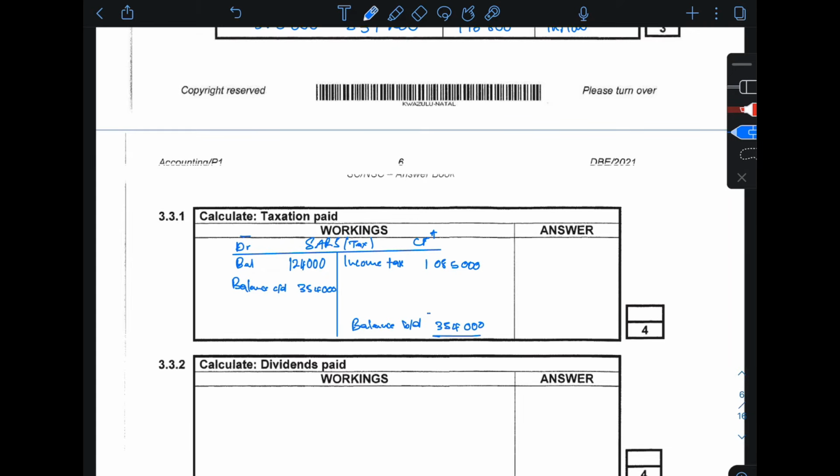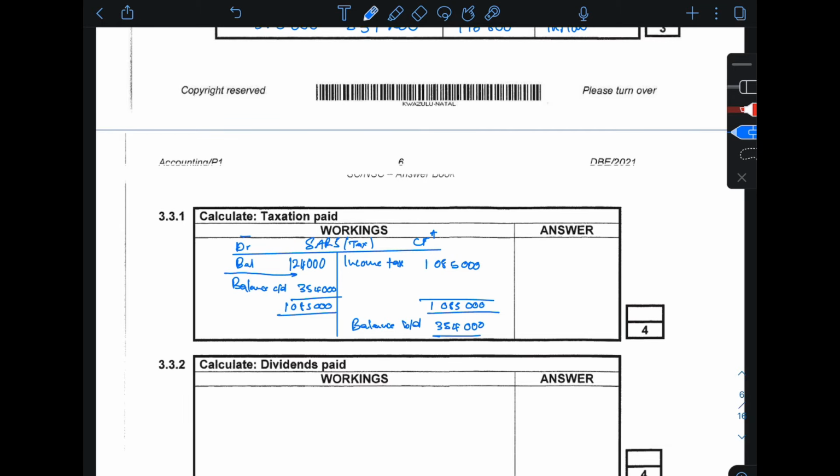What we know is that these two accounts should be equal. And if you check which side is bigger, it's obviously your credit side, 1,085,124, but there is something missing.